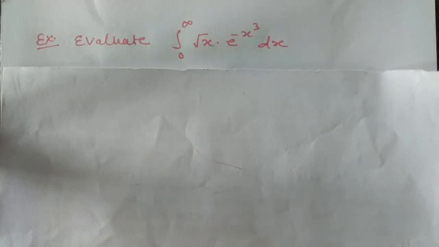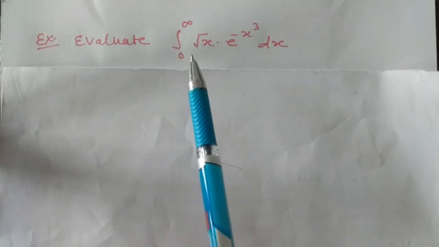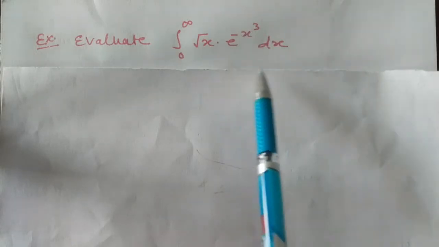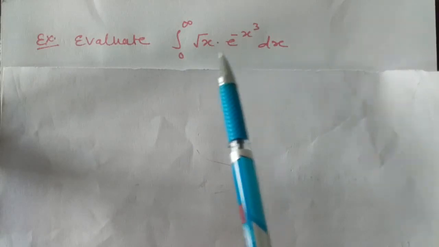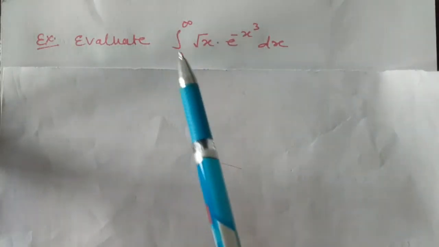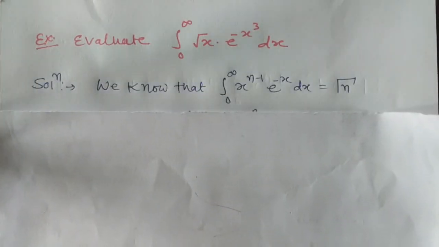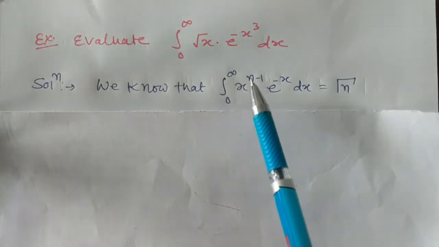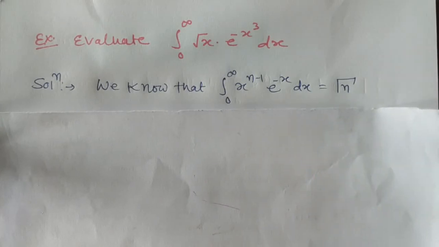Next example: evaluate the integral from 0 to infinity of root x into e raised to minus x cube dx. Here again the integral contains the exponential term, so to evaluate this integral we use the gamma function. By definition, the integral from 0 to infinity of x power n minus 1 into e raised to minus x dx is gamma n.